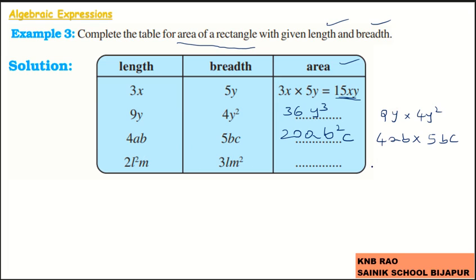Now in the last one, 2l square m into 3lm square, 2 3s are 6, l square into l gives me l to the power 3 or l cube, m into m square gives me m cube. These are the areas.